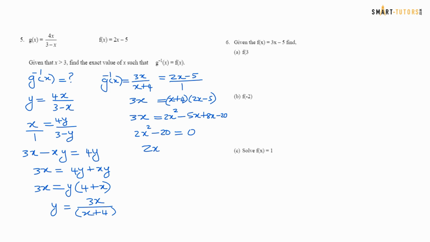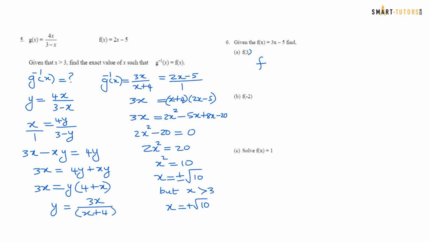So 2x squared equals 20, so x squared equals 10, so x equals, always remember, plus or minus root 10. But here they said x is greater than 3, therefore the x answer is plus root 10, not the minus.